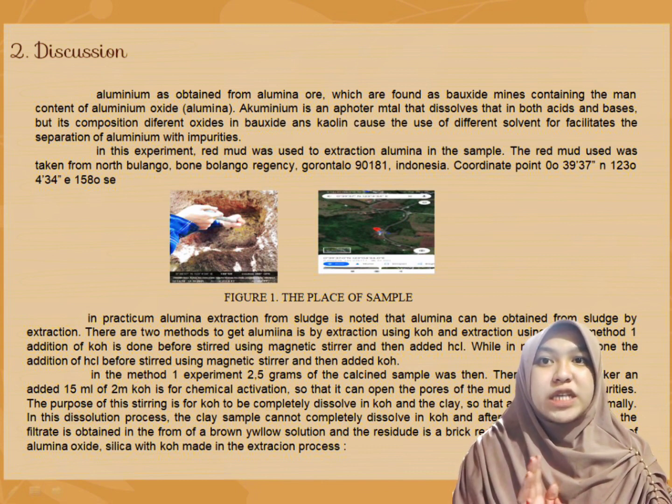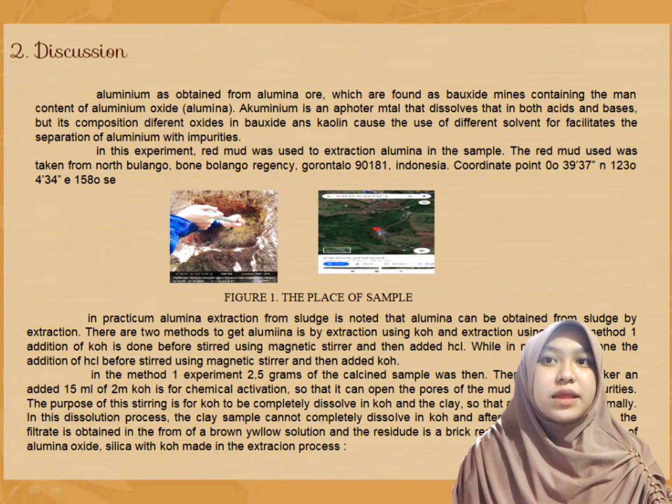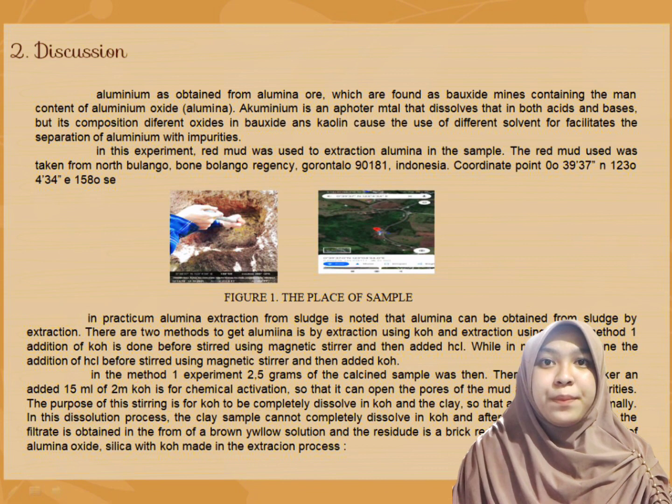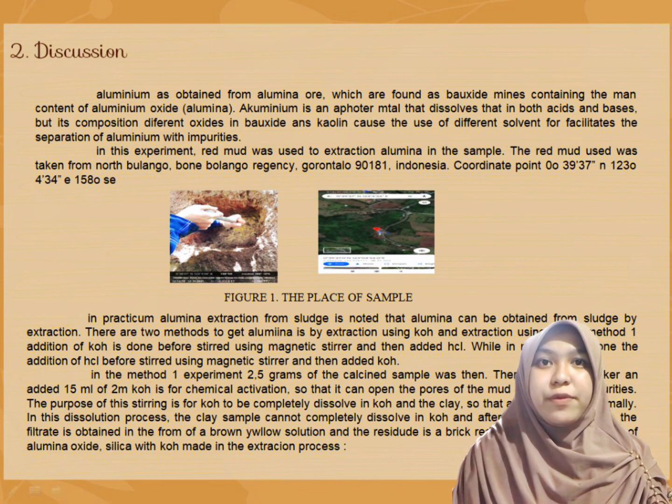In the method 1 experiment, 5 grams of the calcined sample was put in a beaker glass and 15 ml of 2 molar KOH was added for chemical activation, so that it can open the structure of the mud and remove impurities.